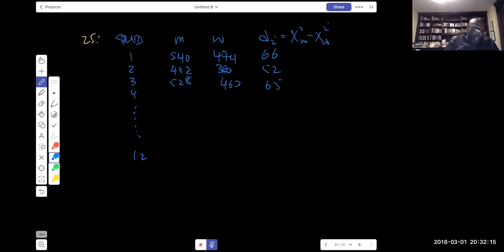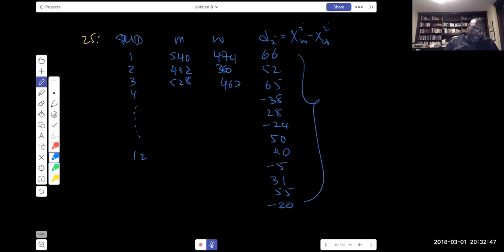If I were to write them all out for you, for this particular question, the differences are as follows: 65, 38, negative 38, 28, 28, negative 24, 50, 40, negative 5, 31, 55, and negative 20. Those are the 12 values. So n is equal to 12 for this question.